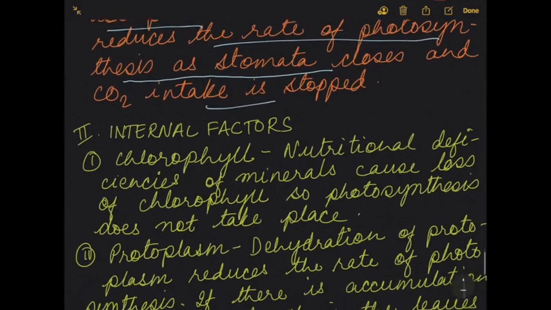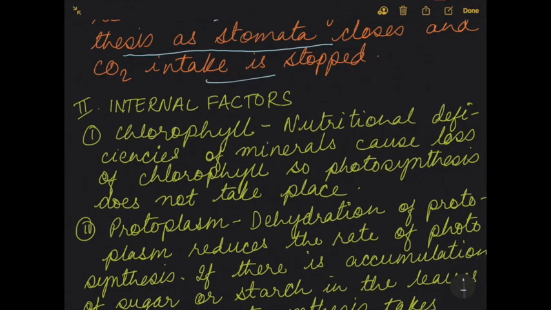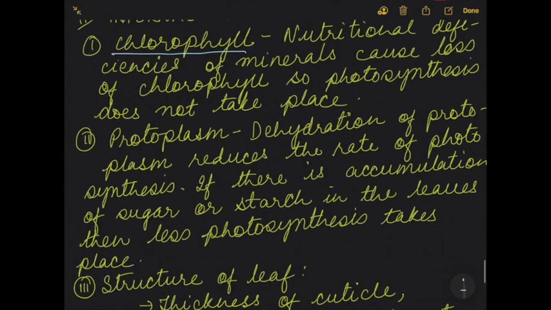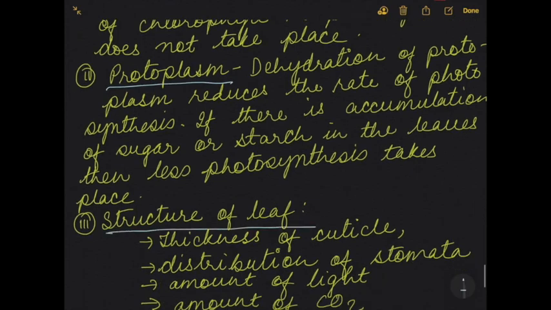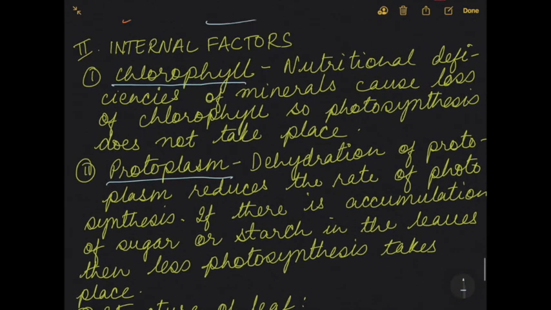Now next we come to the internal factors. There are three internal factors. First is chlorophyll, next is protoplasm, and the next is the structure of the leaf. Now supposing there is loss of chlorophyll. How does chlorophyll get less in a leaf?